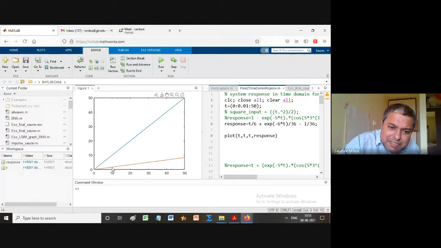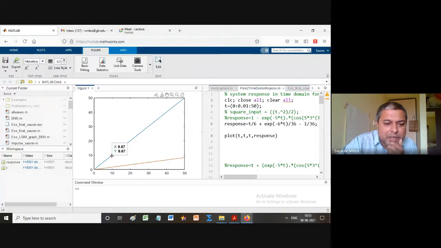In less time the distance between input and output is small. So whenever you are writing the error for this system, if you are at 10, or 9.67 as shown, how much is the output at 9.67? Check the below graph. Input is 9.67 and the output is 1.59.